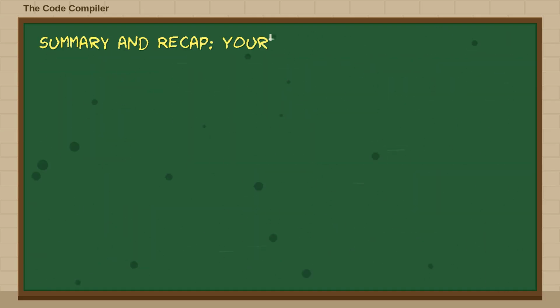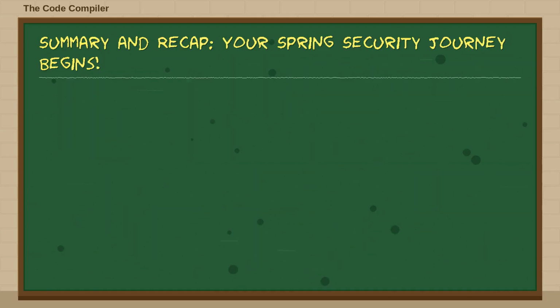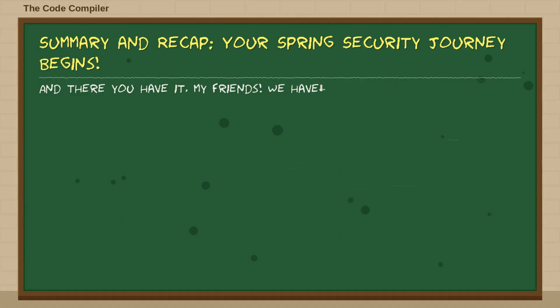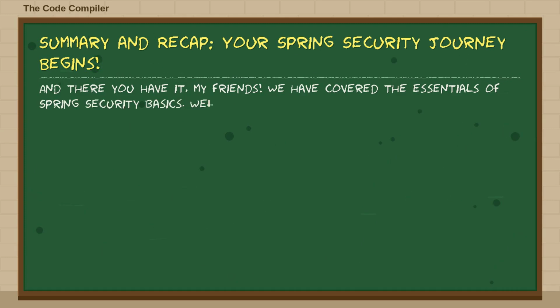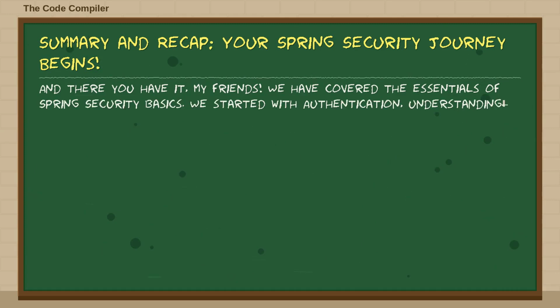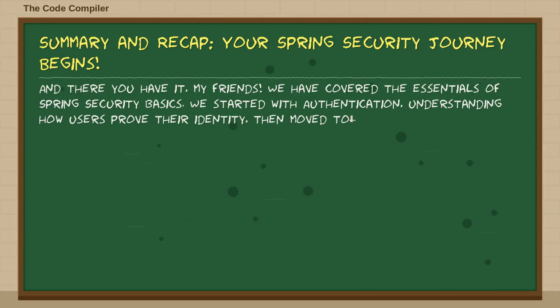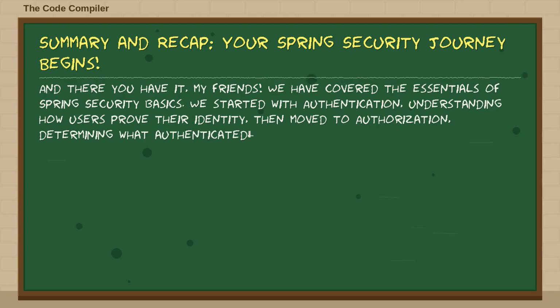And there you have it, my friends. We have covered the essentials of Spring Security basics. We started with authentication, understanding how users prove their identity, then moved to authorization, determining what authenticated users can do.